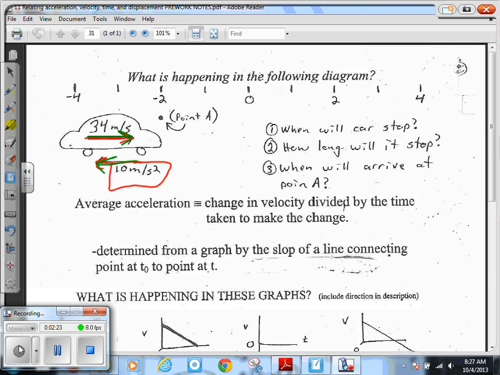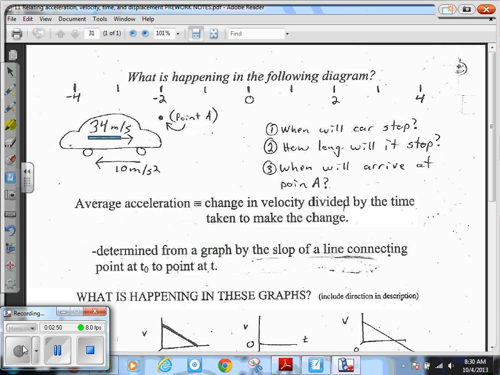Remember that little checklist we did? Is this car going to be slowing down? It is, right? And that's why Andrew in his head could say, well, after 1 second, it's going to be 24 meters per second. After 2 seconds, it's 14. 3, it's 4. And then 0.4 meters per second. Right? Any questions on that? Does that make sense now?